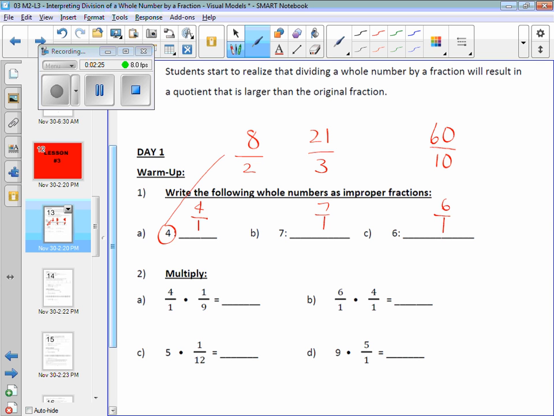No, you'd wind up with 61 over 10 because you have to add that numerator. But for the most part, what we'll be doing is if I ask you to change a whole number into an improper fraction, keep it in its simplest form unless they specify otherwise. So keep it as anything, that number over 1.